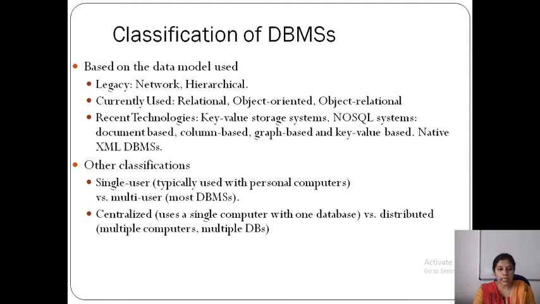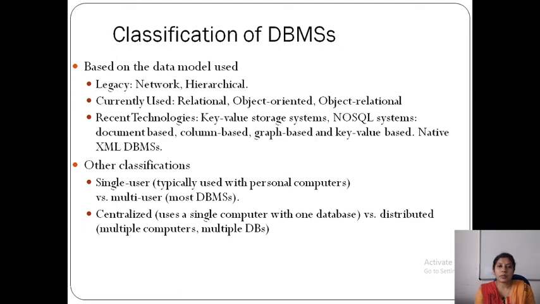Then centralized versus distributed database management systems. In centralized, as I said, you'll be having one computer with all facilities. It has everything, all the software and hardware installed in one system, and that is called a centralized database management system.